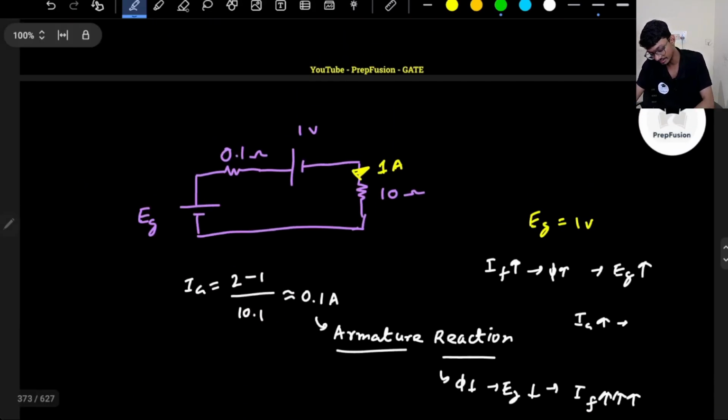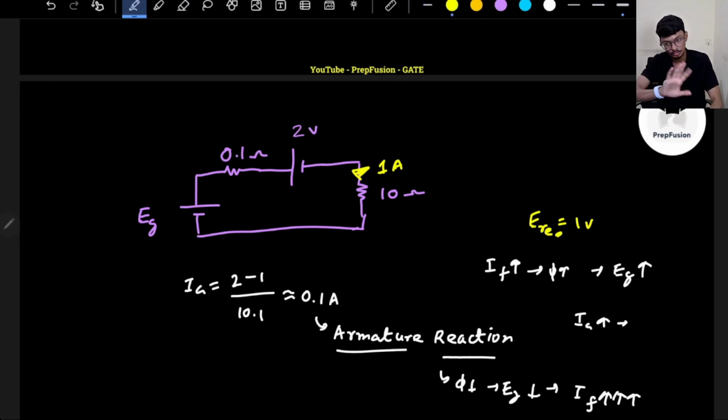What do I mean by it? If I assume my brush voltage to be 2 volts, and I assume my residual voltage to be 1 volt including armature reaction, will any current flow? No, no current will flow, right?